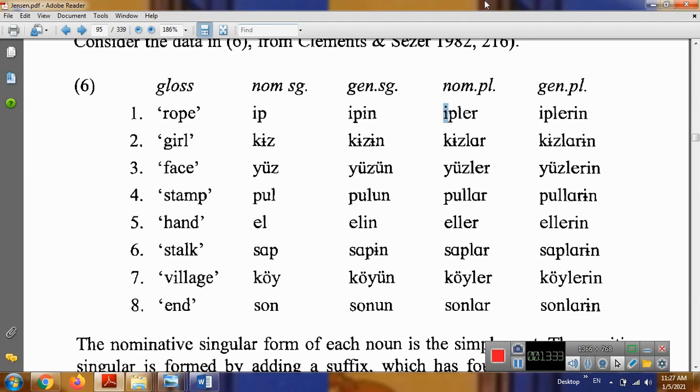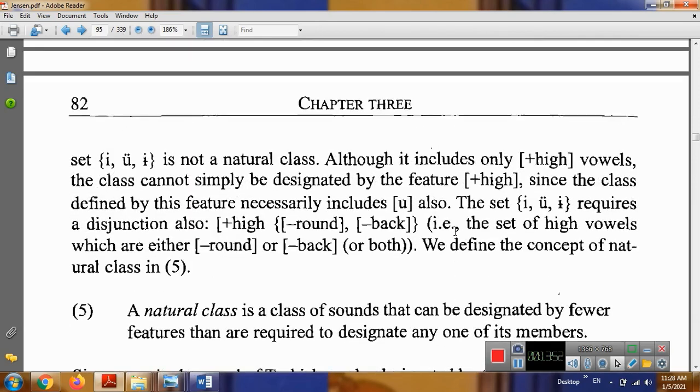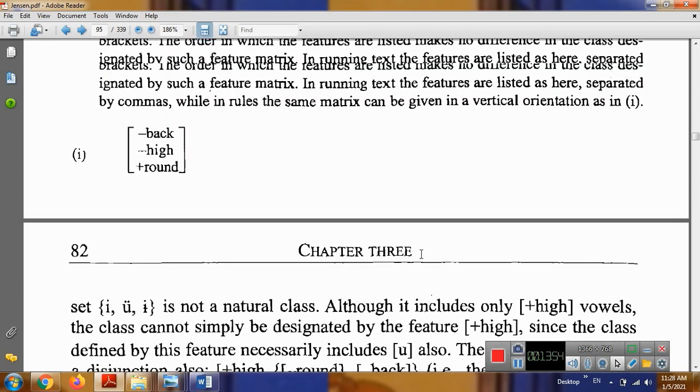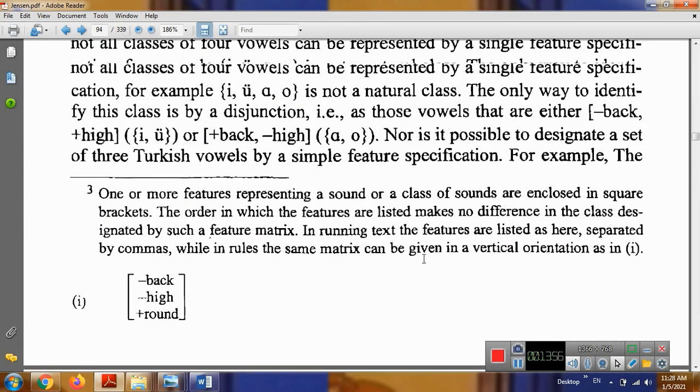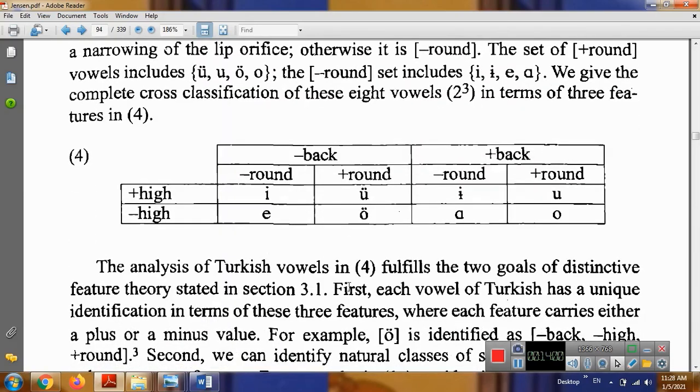Here I want to find the shared feature between these vowels, e, u, o, and a. According to which feature are they in the natural class?